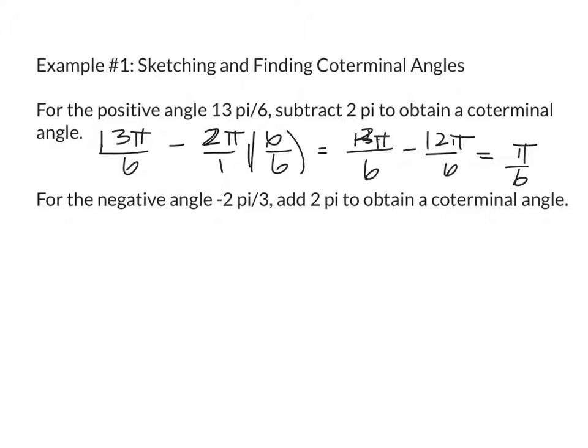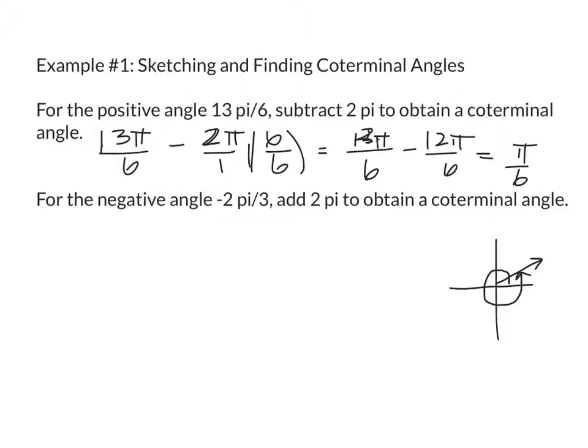If I were to sketch that, 13 pi over 6 is honestly a little over a full revolution. I'm just showing you that, not that you need to know that right now. But 13 pi over 6 technically would have gone fully around that way.